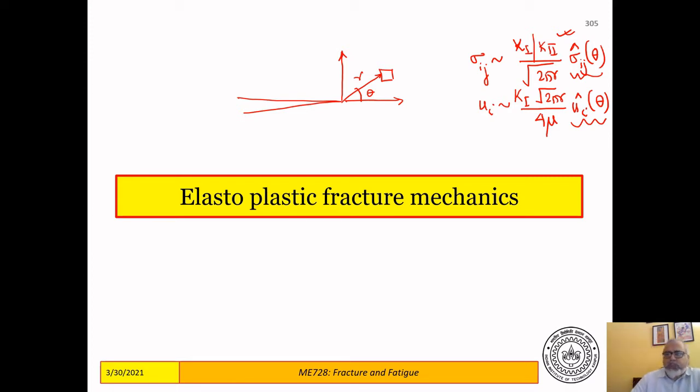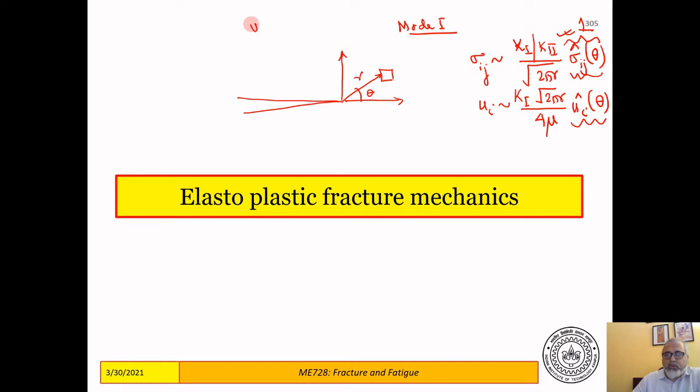Now, why is this dominant? It's dominant because it has this 1 by square root r singularity, which means that if I am in mode 1, and I'm on theta equal to 0, then this factor you can see is 1 for sigma 2,2.